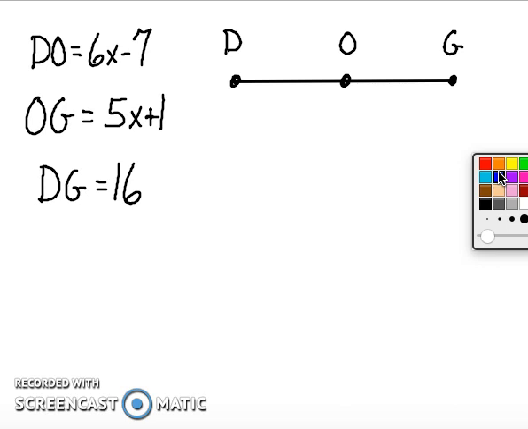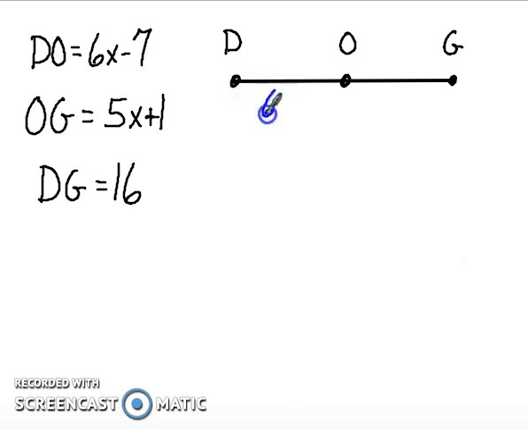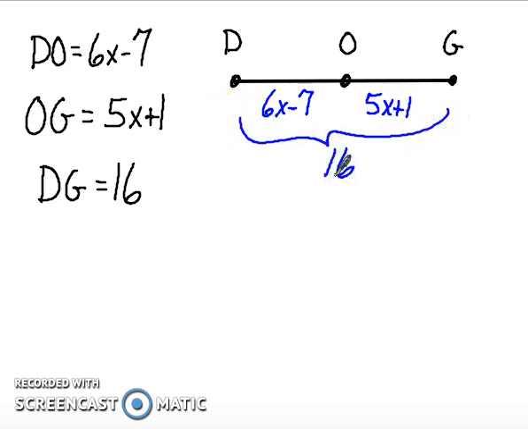So this says that DO, from D to O, is 6x minus 7. And from O to G, it's 5x plus 1. And the whole thing is 16.